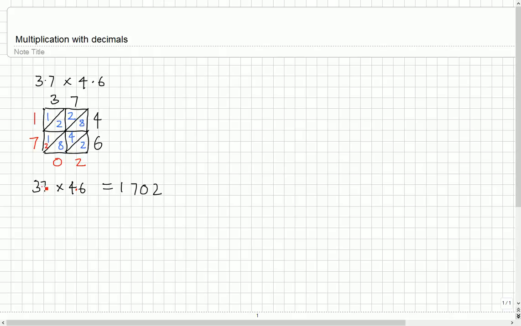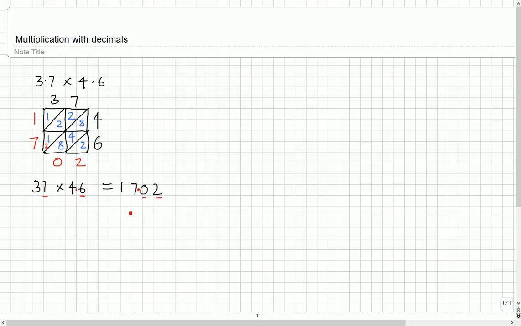So all the numbers after the decimal points in the question. There's one there after the decimal point, the 7, and there's another one there. So we've got 2 numbers after decimal points in the question. We need the same thing in our answer, 2 numbers after the decimal point. So there we go, there's our 2 numbers, and that's where our decimal point has to go. So 3.7 times 4.6 is 17.02.